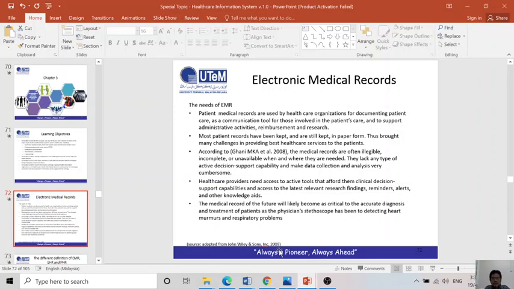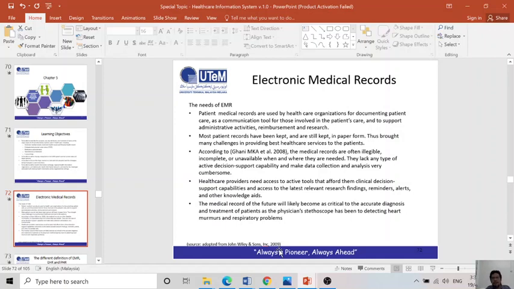So the medical record of the future will likely become one of the critical elements of accurate diagnosis and treatment. Of course, when we talk about healthcare, it's data intensive. So when you go to the hospital, the doctor will first refer to your past medical record.